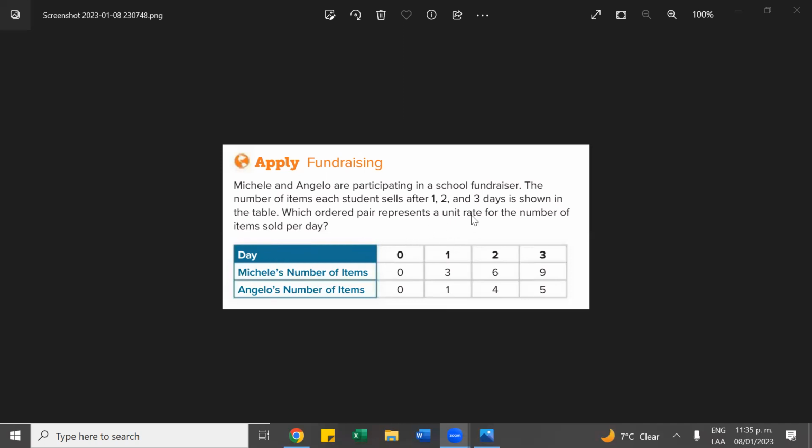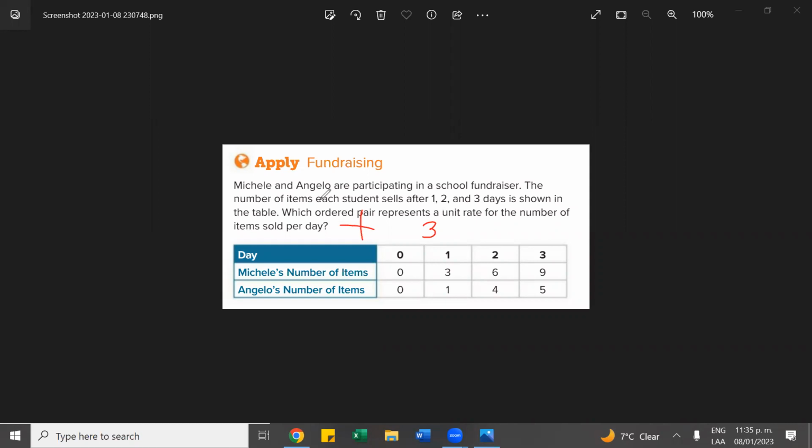And remember, the unit rate is for each day, how much they sold. So right here we have the answer. In 1 day, Michelle sold 3, right? 3 items. So this is really easy because the constant of proportionality is 3.